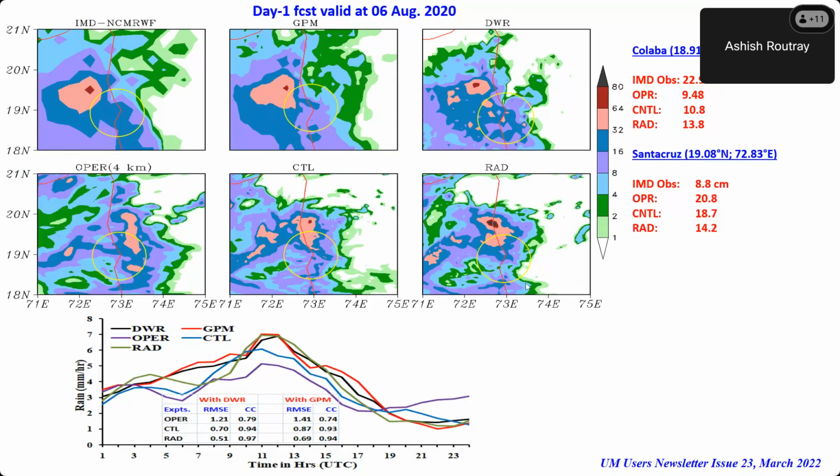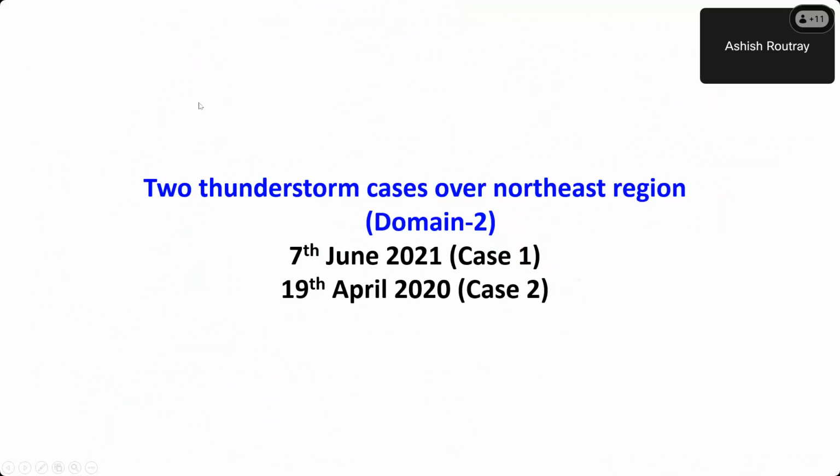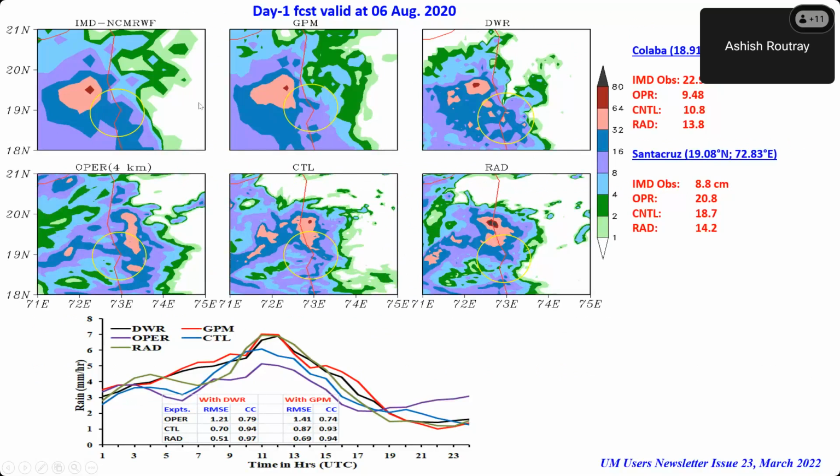I am not going into the details of the results, but it is an emerging system and it can capture the high rainfall. The upper panel shows observations from IMD, GPM and DWR over the Mumbai region. We have an operational 4 kilometer resolution model, operational throughout the year.